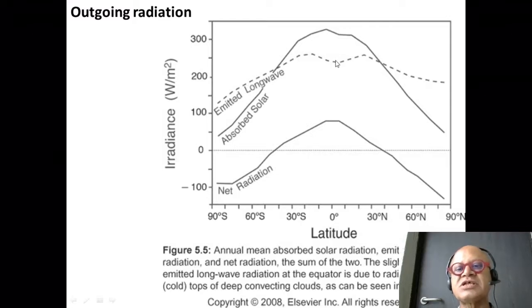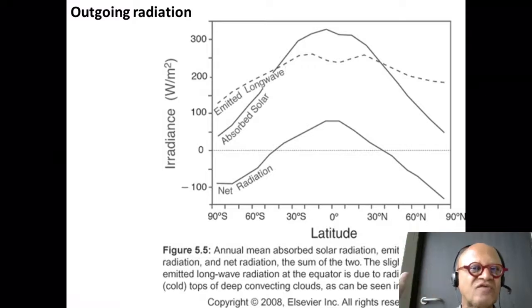There is actually a little dip in the deep tropics, which we already mentioned when we looked at convection and said deep convective clouds make the cloud tops pretty cold. So the deep tropics on average is emitting at a colder temperature than the regions off the tropics, where the outgoing longwave is actually higher.